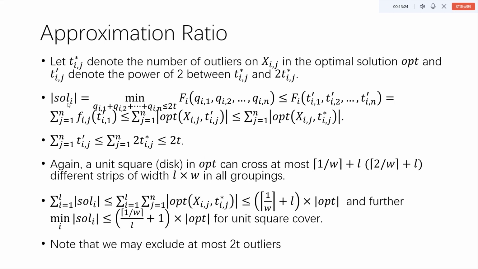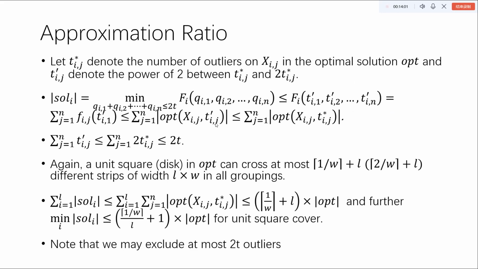The solution we get for the ice grouping is the minimum value of Fi. Because SOLI is defined to be the minimum, the minimum value is no more than the value at Ti1 prime to Tin prime.